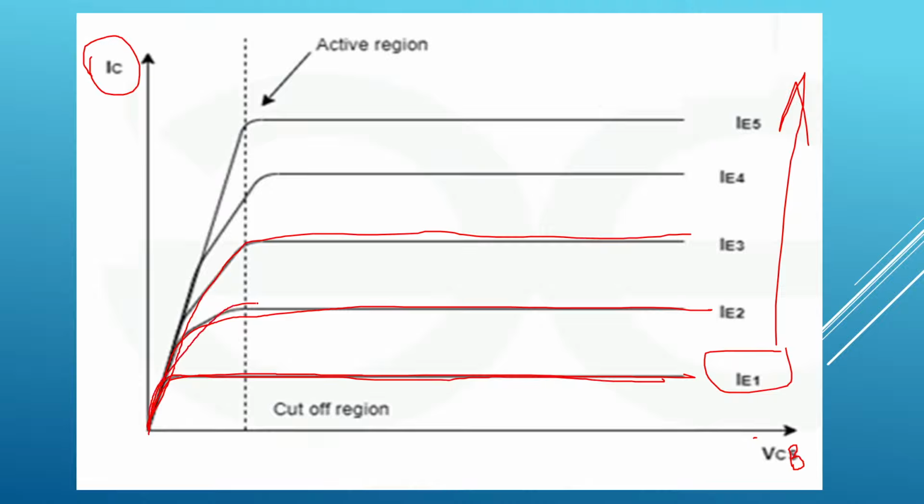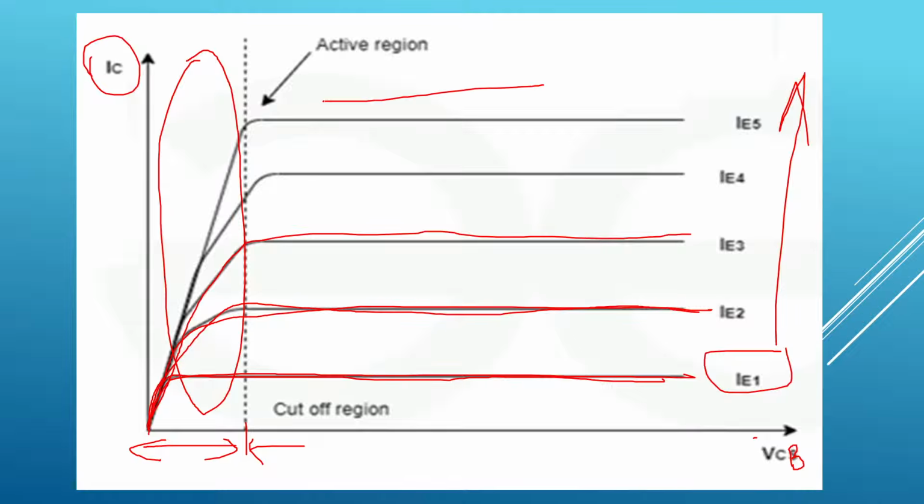Similarly, when IE is varied to some other value, collector current increases and after that becomes constant. So up to certain low values of VCB, IC is varying; beyond that value, IC becomes constant.